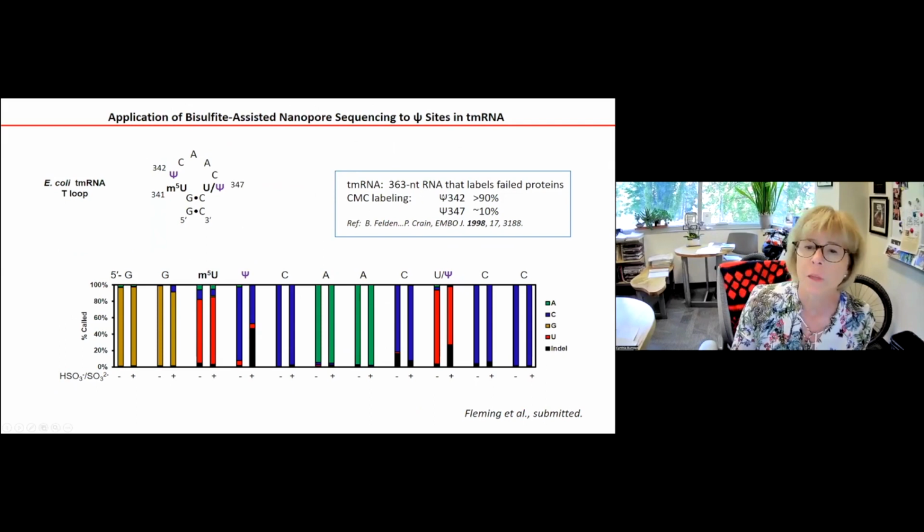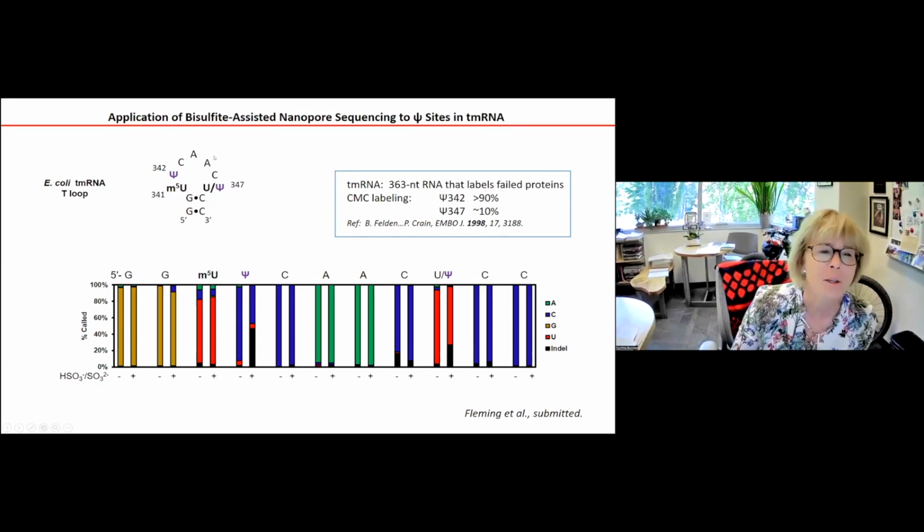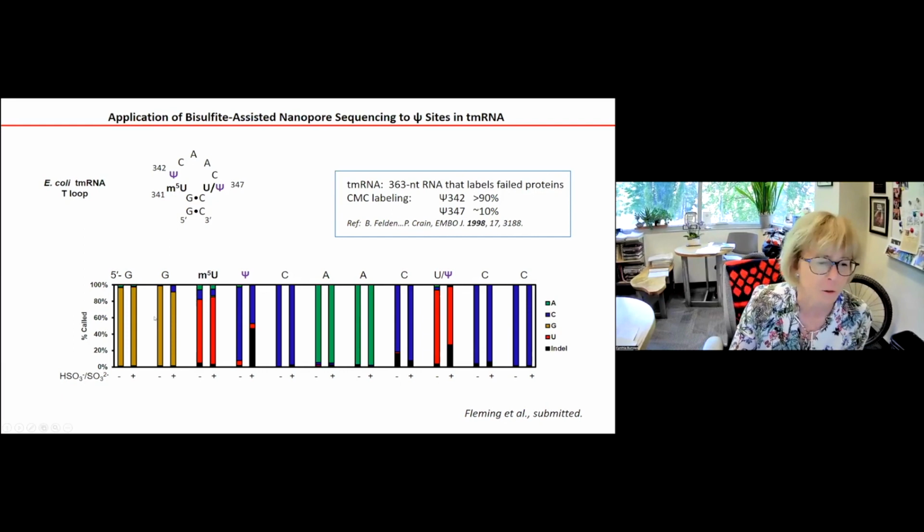And Psi 342, this one, was thought to be installed at greater than 90%. 347 was thought to be only about 10%. But this was according to CMC labeling, which is not the best way, in my opinion, to look for pseudouridine. It's also a highly modified loop. There's a 5-methyl U there.